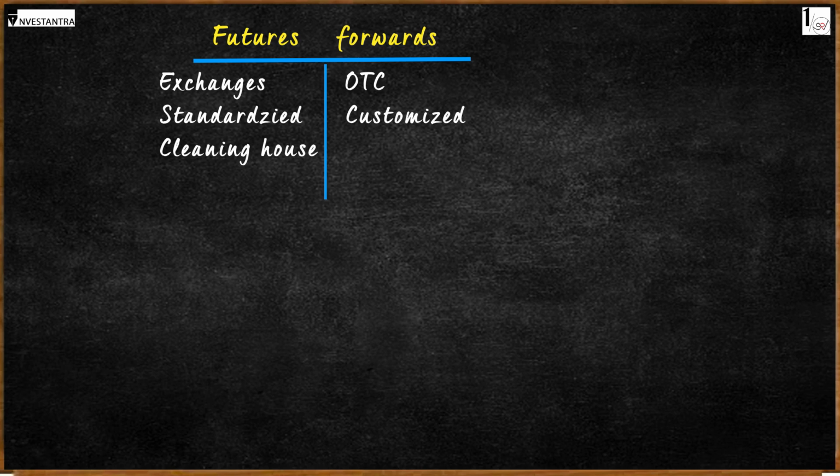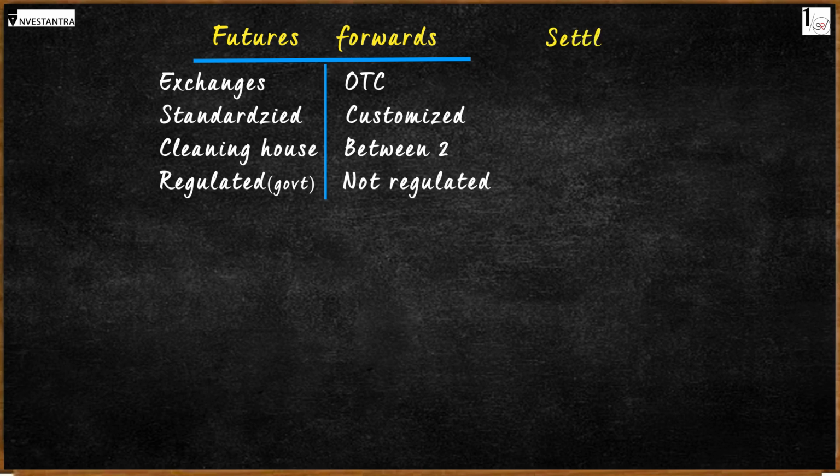Here you have a clearinghouse. Forwards don't have a clearinghouse. It's between two parties. This is regulated. Regulated means there's some government interference, right? Not regulated.